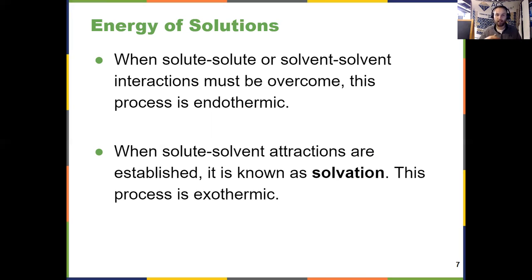So that makes it exothermic. Okay? And overall, we have a decrease in internal energy because breaking up the solute particles or the solvent particles, those IMFs is always endothermic, requiring energy. And so we want to release energy, exothermic, when the solute and the solvent come together. That's how we form a spontaneous solution.